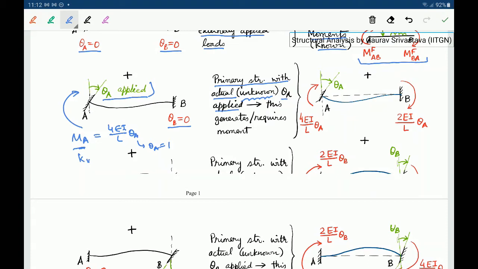So to induce this theta A at point A, we have to apply a moment of 4EI by L times theta A, and once we do that, there is an induced moment at joint B, which comes out to 2EI by L theta A. This we have also derived, and it is actually the other stiffness coefficient. If theta A is equal to 1, this one is just the KAA stiffness coefficient, and here this will be the KAB stiffness coefficient.